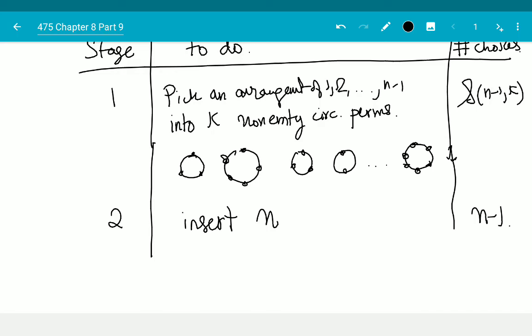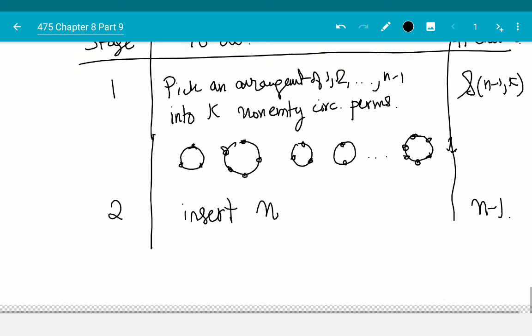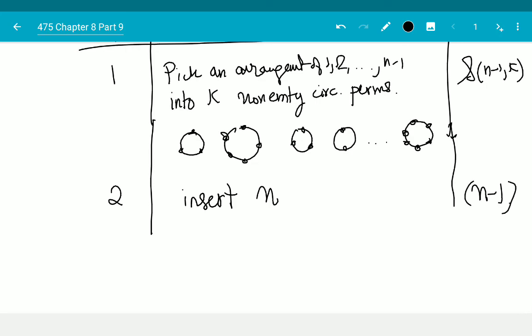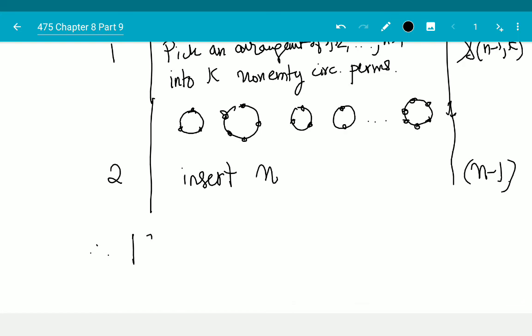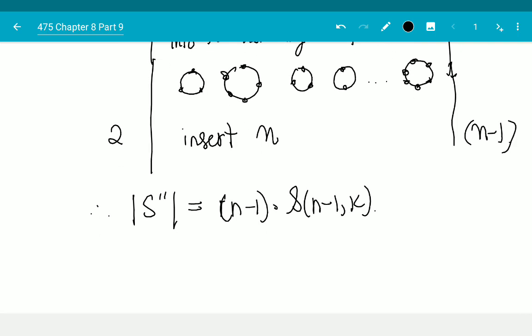I can insert n to the right of 1, or to the right of 2, or to the right of 3, and so on. Therefore, the size of S double prime is n minus 1 times the total number of ways of writing the circular permutations that there was, which was S of n minus 1 comma k.